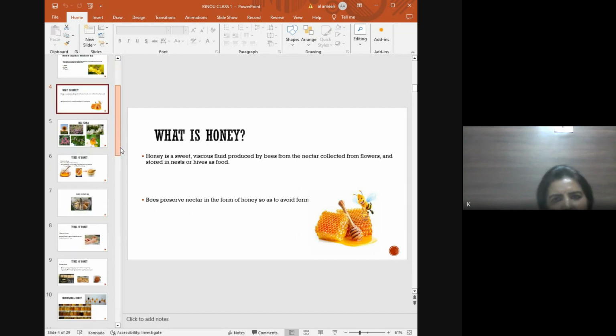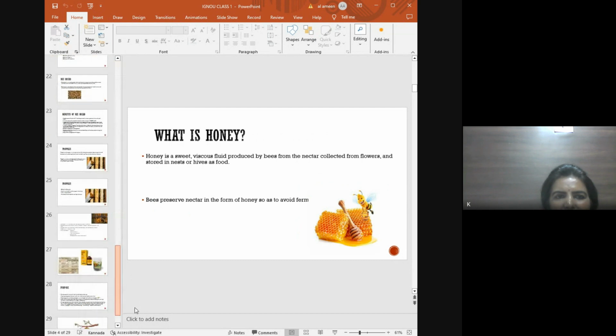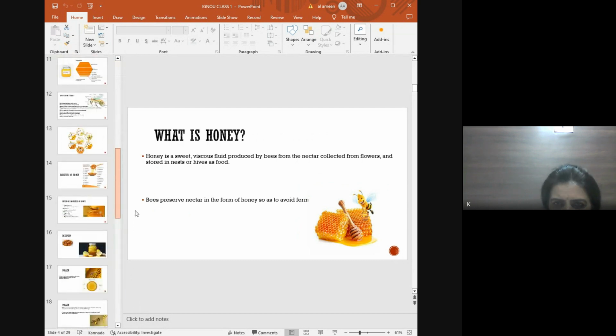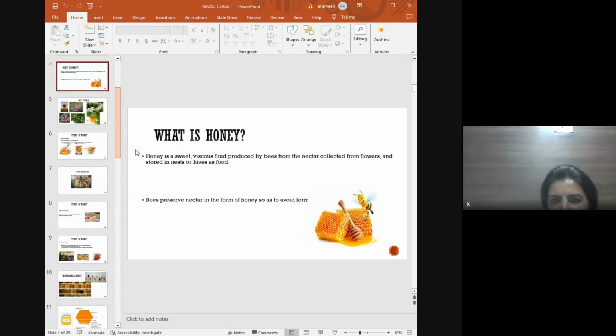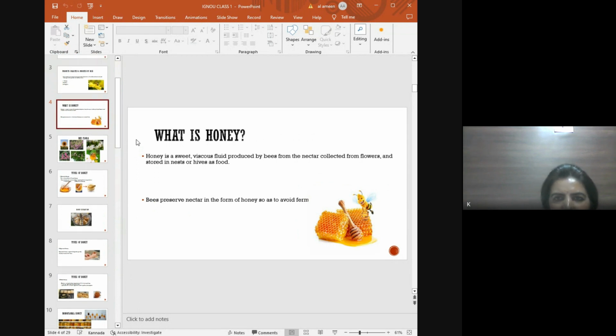So it's sweet, obviously we all know. Then viscous, meaning the consistency, it is not very soft and smooth, it has a thick consistency. That is called viscosity. It is made from nectar, the raw stuff which is produced by the flowers. The honeybees go there, collect from the flowers, modify it and store it in the hive as food.